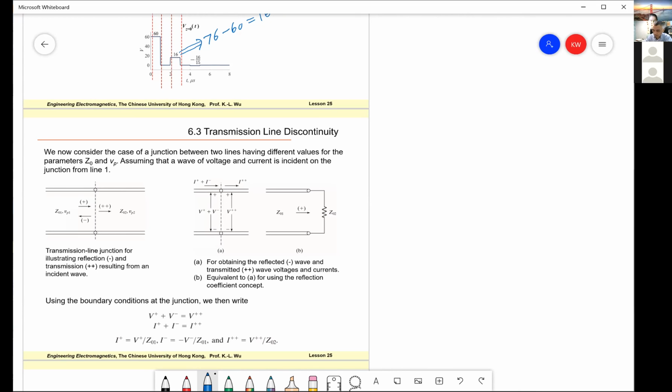We have one section with characteristic impedance Z01 and wave speed Vp1. And we have another part, divided by this dividing line, and the second half has different values, all right?